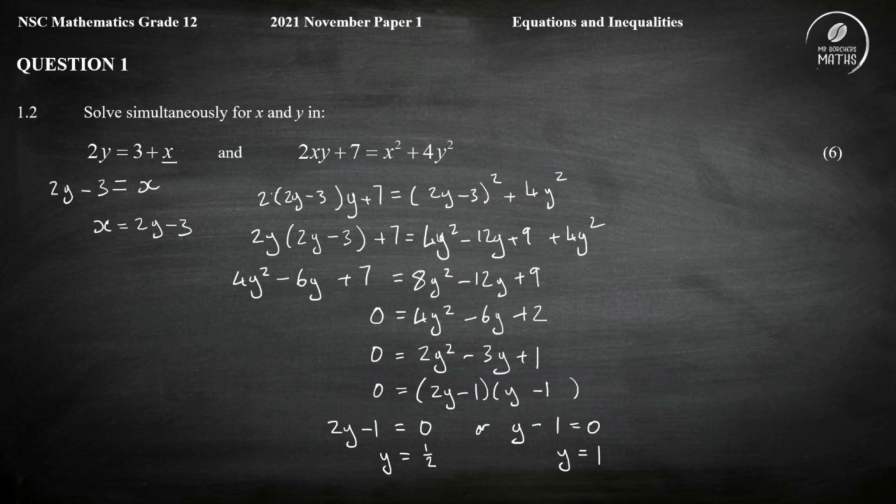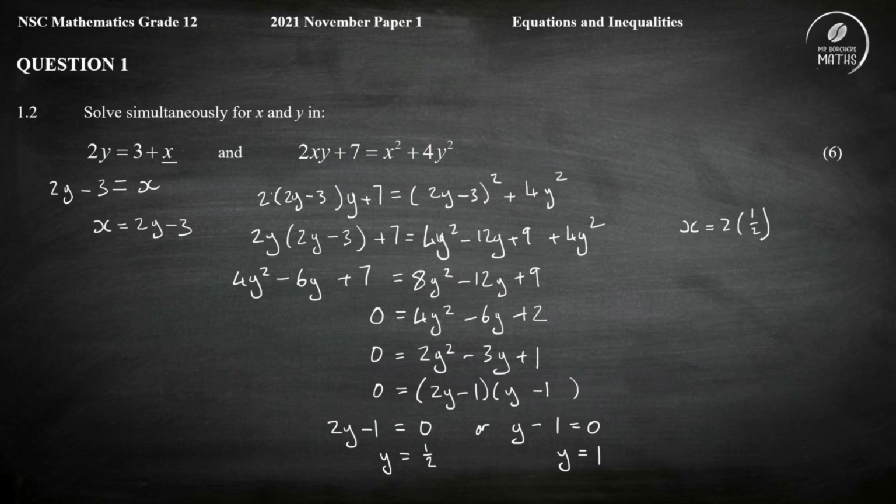So we're going to go back and I'm going to use this linear equation, and substitute each value of y in turn to find its corresponding x value. So let me just rewrite this on the space I have left on the right-hand side. So I've got x equals 2, and instead of y for the first time, I'm going to write a half.